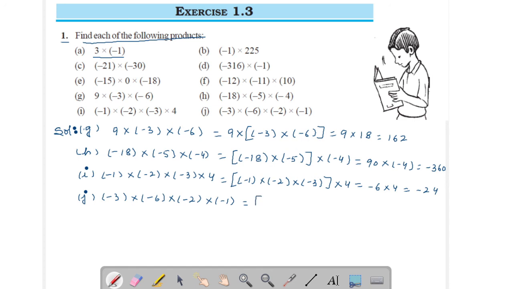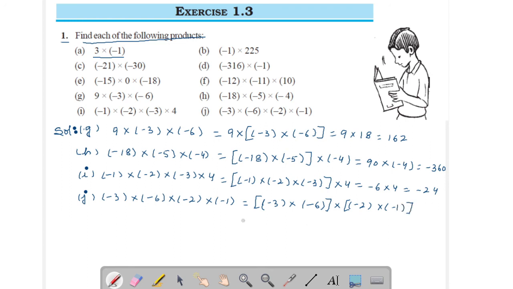Write in big bracket: minus 3 into minus 6, big bracket close, into, again big bracket, minus 2 into minus 1, big bracket close.